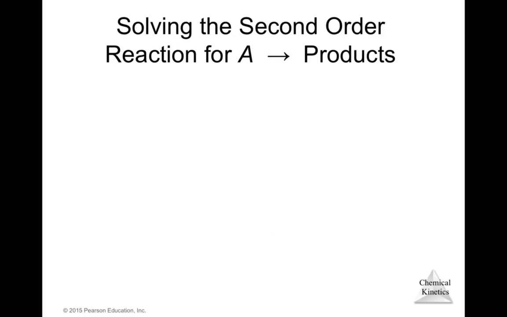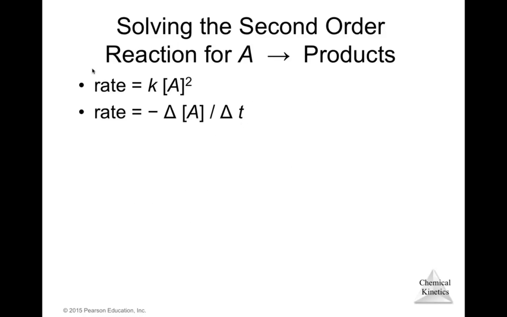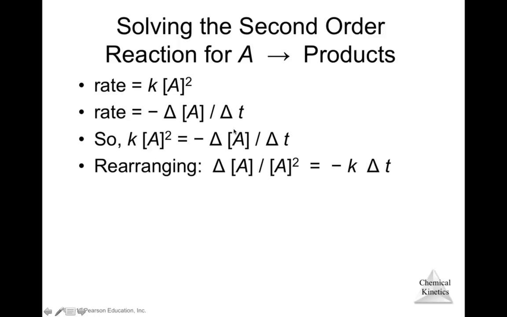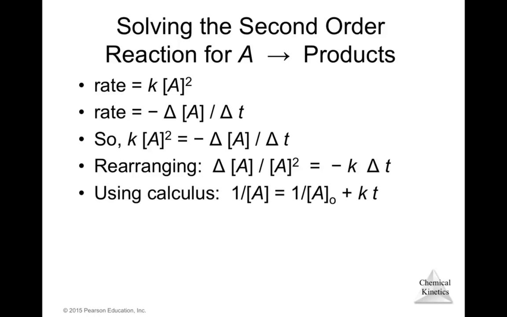Same as we did before with the first order reaction, this is the definition of the rate for the second order reaction, and this is the other definition that we know. When we combine both, and rearrange them as we did for the first order, using calculus, we obtain this type of equation.